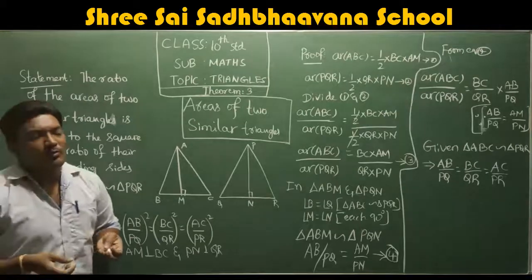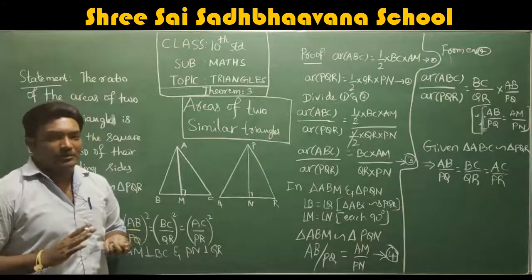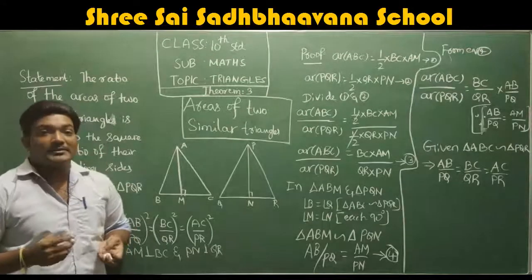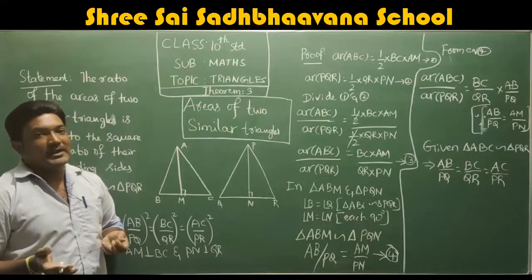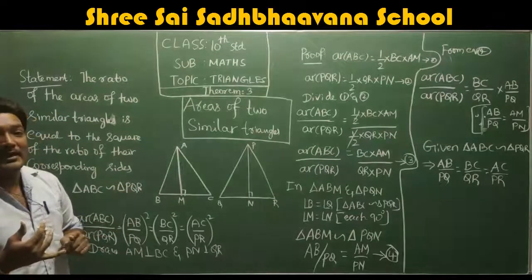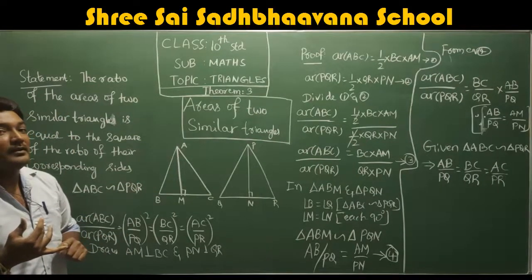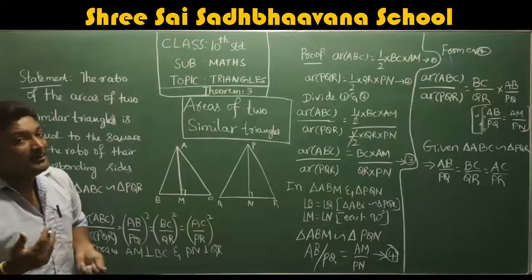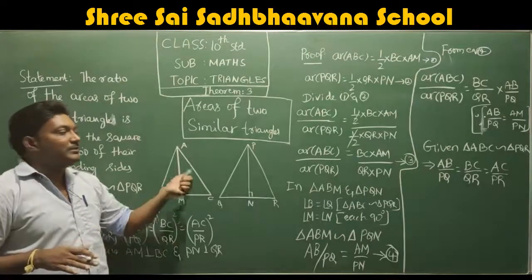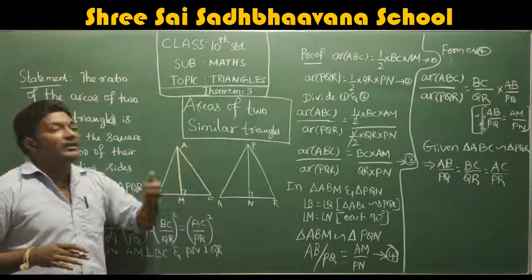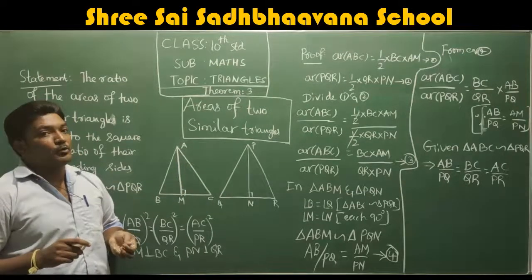So, as you know, what is the similarity concept? Before teaching the triangles, I taught you what similarity is. Similarity means they have the same shape, but they are not the same in size. Their angles are equal and their sides are proportional, right?